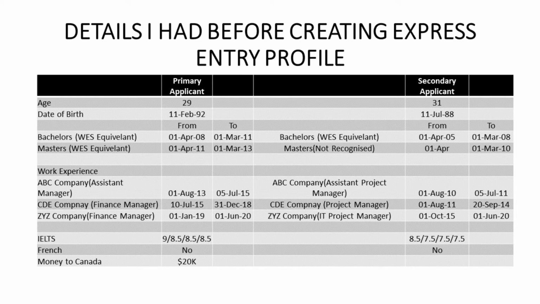Here you see that my wife is the primary applicant and I am the secondary applicant. This is based on the CRS score tool which we used, and we found out that in terms of age she has an edge over me. In terms of her education, her master's was equivalent to a Canadian master's, so she had an edge there too.